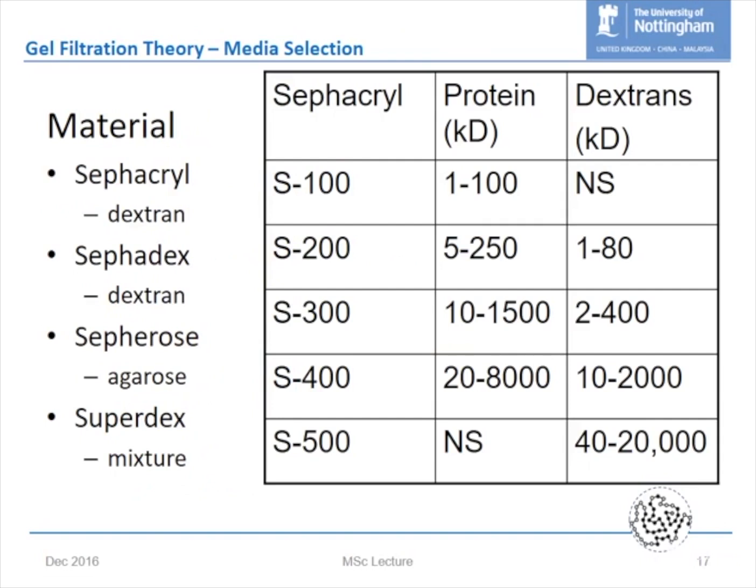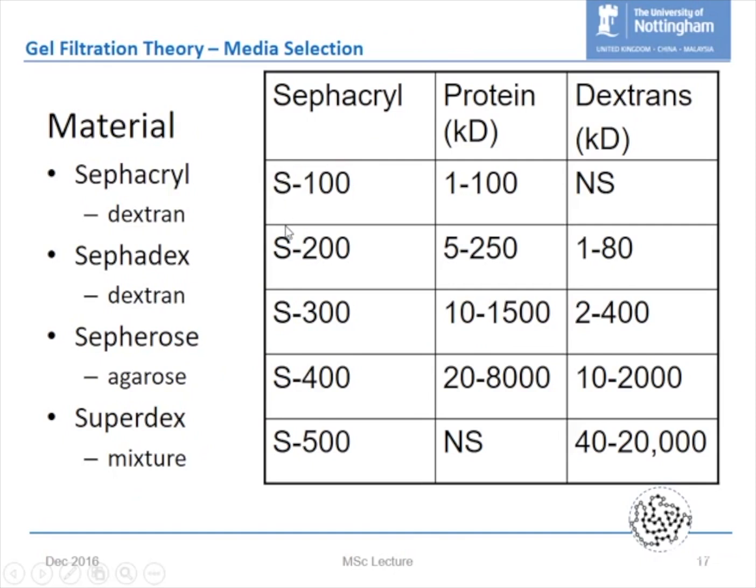So here are some names of some typical gel permeation phases: Sephacryl, Sephadex, Sepharose, Superdex. They're all trade names. They all do slightly different things, but I've just highlighted one particular one, Sephacryl.